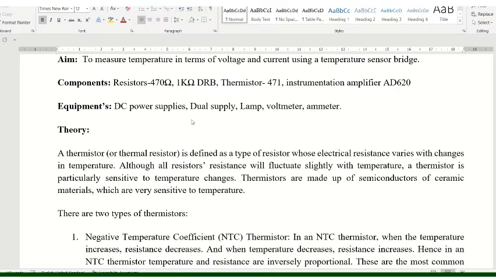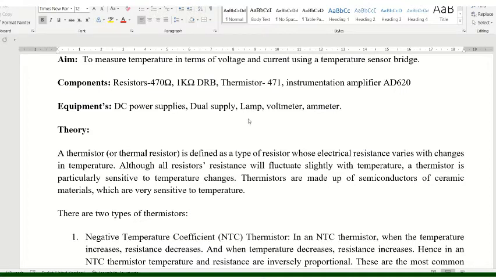The other equipment we need are DC power supplies, and a dual supply. The DC power supply is to give the supply to our bridge, where we need 5 volts. The dual supply is needed to power up our IC AD620, which requires plus 15 and minus 15. And we need a lamp. We are using the lamp here in order to provide temperature.